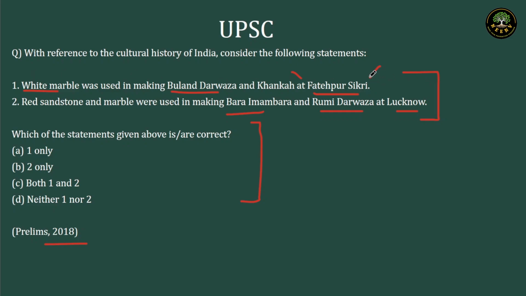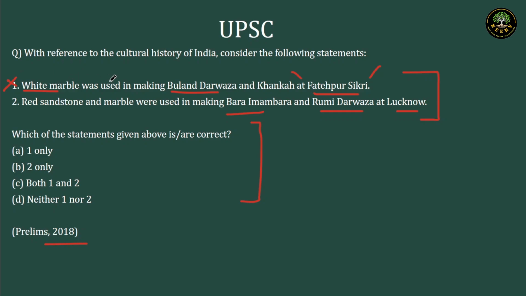This was a controversial statement because if you ask whether white marble is used in Fatehpur Sikri, it is used. But the statement is it was used in the making of Buland Darwaza and Khanqah. So in that case, the statement is not completely accurate. This was a controversial question in UPSC, and UPSC gave the answer of this statement being incorrect.